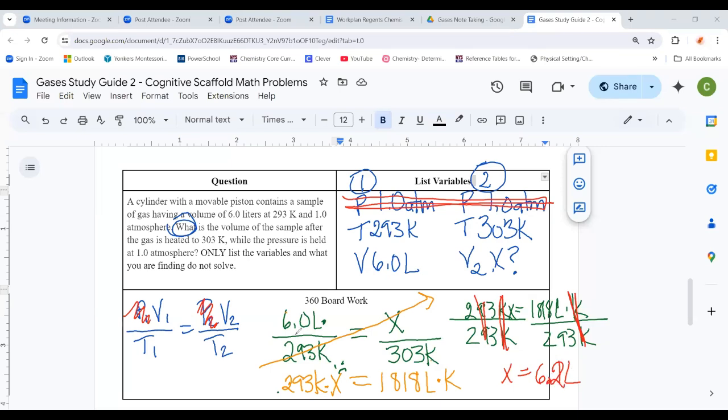You started off at 6 liters and your new volume is 6.2. It's not surprising that your volume has only increased by 0.2 because your temperature change wasn't that drastic. It was like 9 Kelvin, which is about 9 degrees Celsius. You're not going to get a huge amount of expansion on a gas for less than 10 degrees. So not surprising.